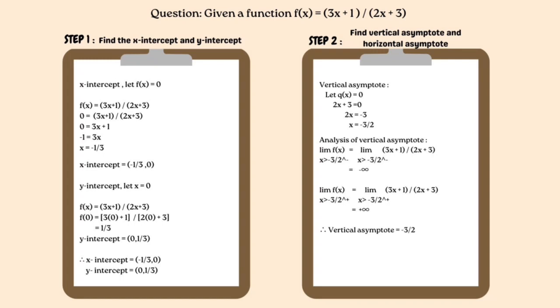The limit of f(x) equals the limit of (3x plus 1) over (2x plus 3), where x approaches -3/2 from the left, you will get negative infinity. For x approaching -3/2 from the right, you will get positive infinity. So the vertical asymptote here is -3/2.